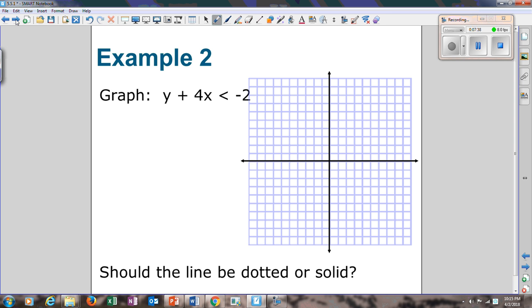Example 2. Graph y plus 4x is less than negative 2. If we look at this to start with, is it in slope-intercept form? No. You have to get the y by itself, so you have to subtract the 4x over. You get y is less than negative 4x minus 2.